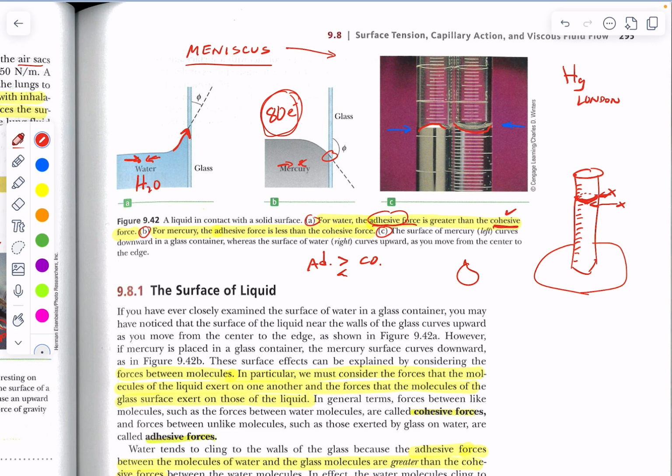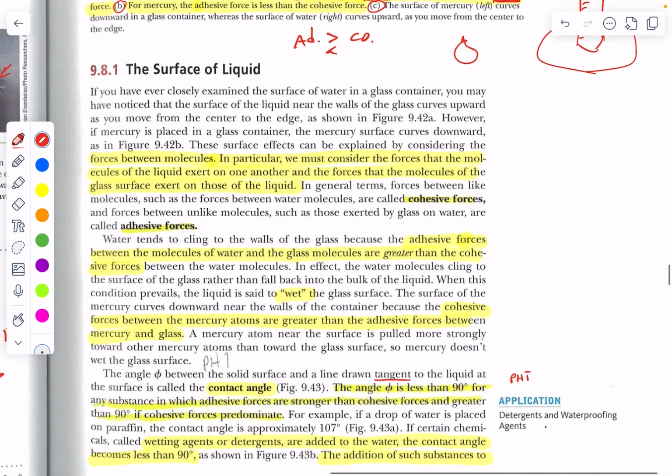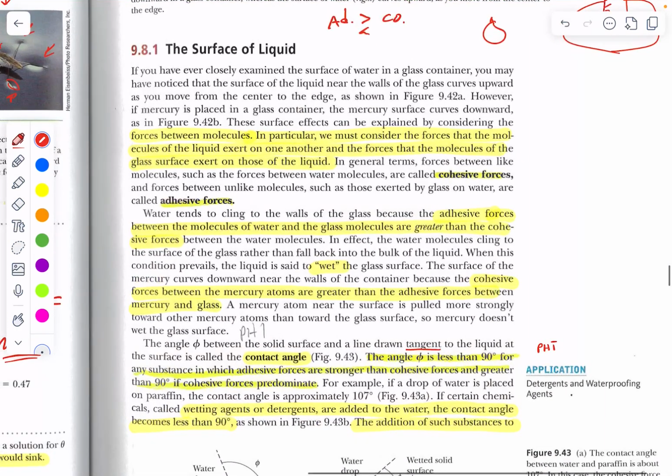And that uneven distribution of electrons is going to create regions of high density and lower density, negative and positive, which creates the London forces, which can be quite substantial for an atom as big as mercury, whereas they are pretty inconsequential when you talk about smaller atoms like hydrogen and helium and so forth. So when we look at the surface of a liquid and the interaction of that liquid with its container, we have to analyze the cohesive forces and the adhesive forces.